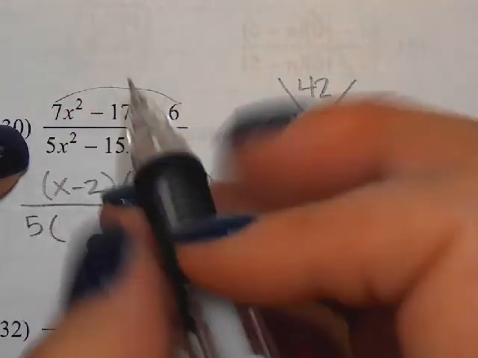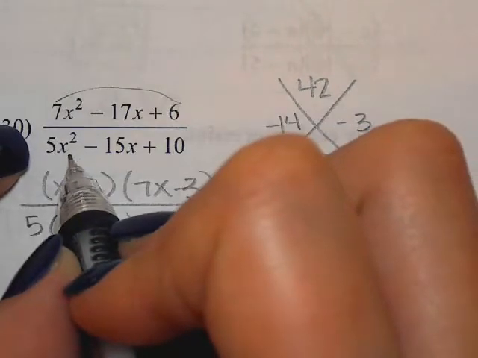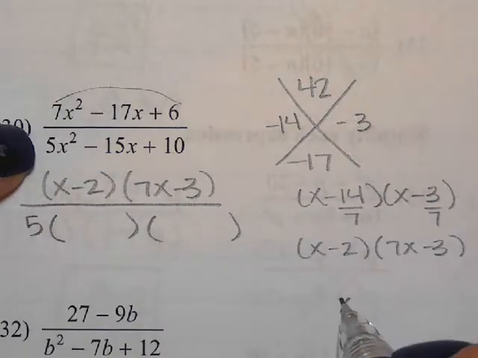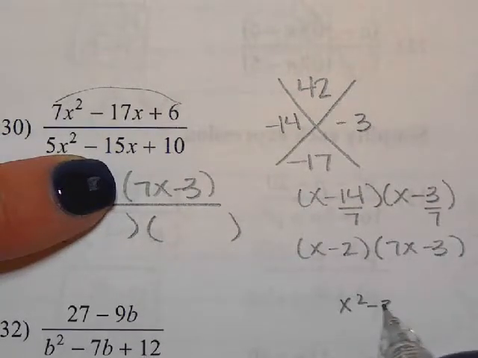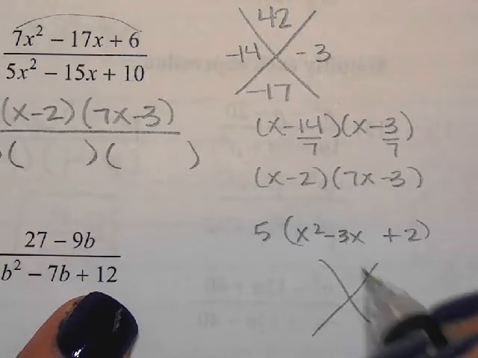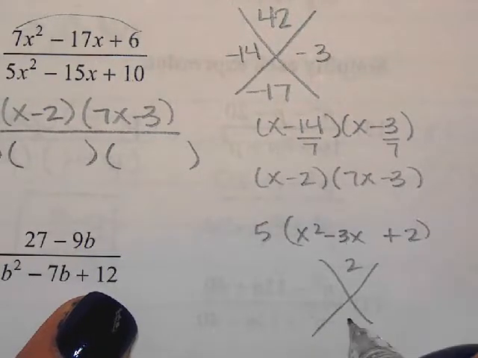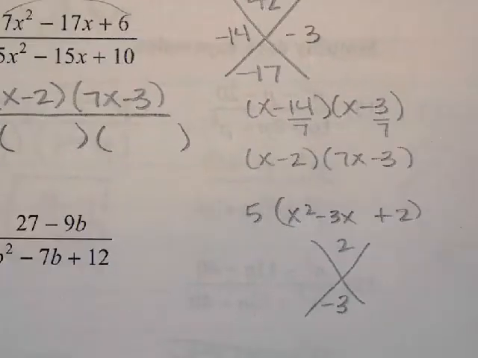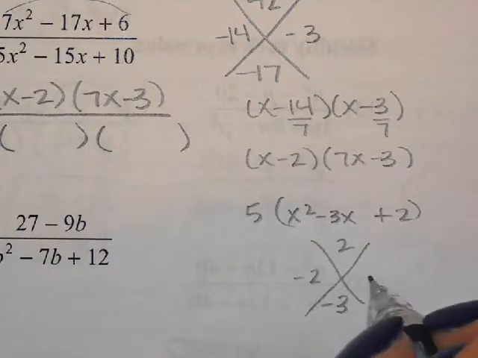So if we take out that GCF of 5, that would leave us with x squared minus 3x plus 2. Yeah, so if we're looking for what multiplies to 2 but adds to negative 3, then that's negative 2 and negative 1.